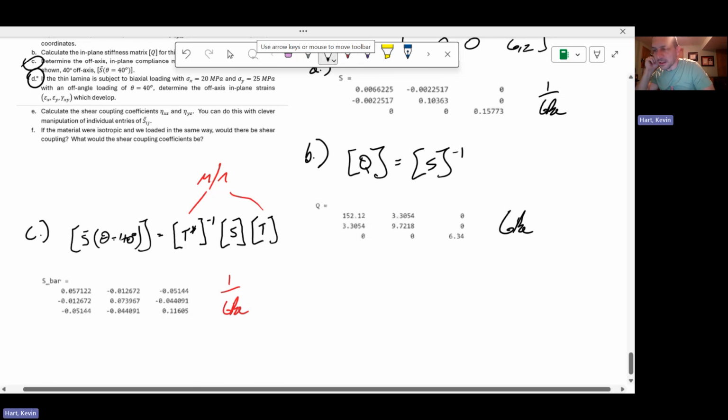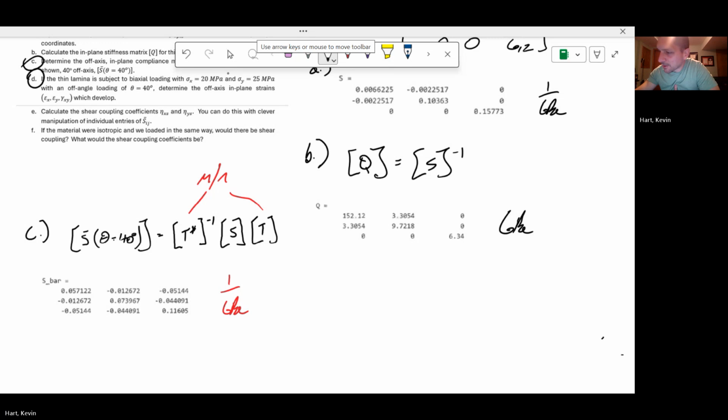All right, part D. If the thin lamina is subject to biaxial loading with an off-axis angle of 40 degrees, determine the off-axis in-plane strains. Now we're getting to something new. So we have this compliance matrix S bar. We have some loading condition, which is some stress in the X direction of 20 MPa, some stress in the Y direction of 25 MPa, right?